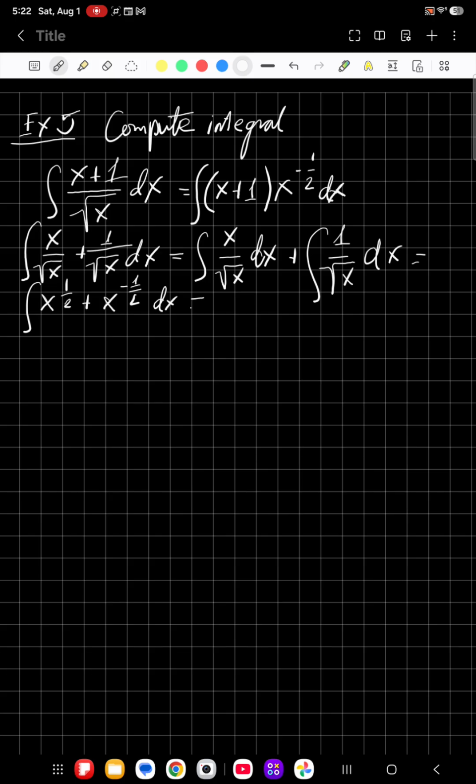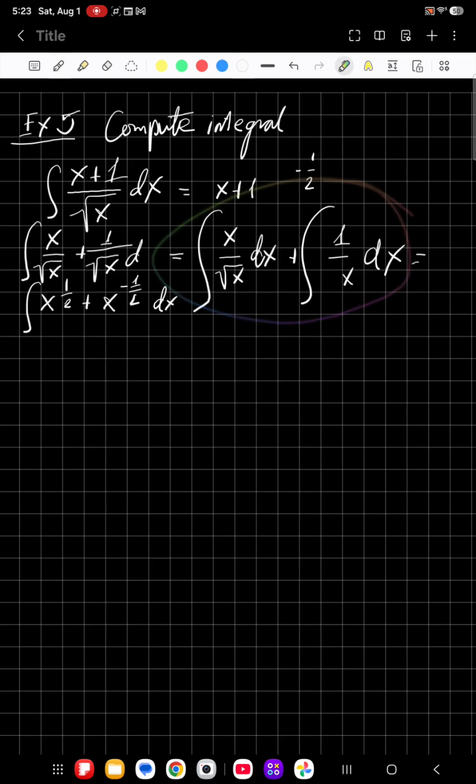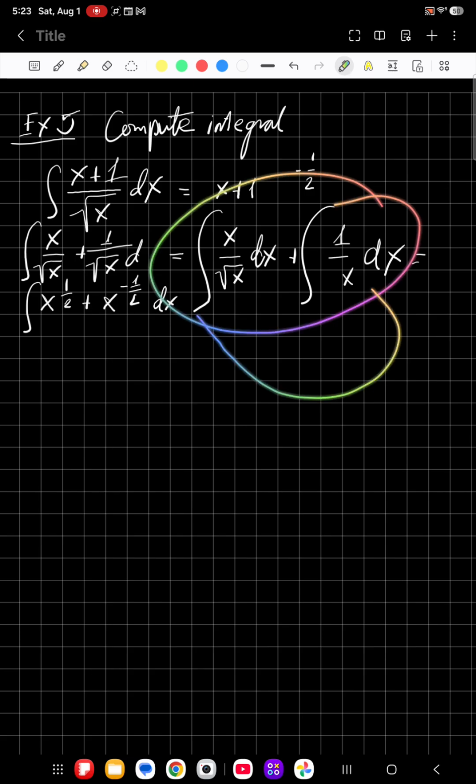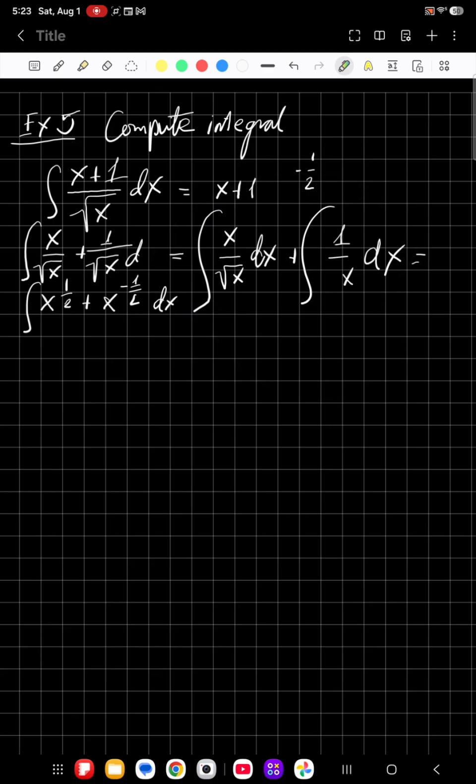Okay, so there are two integrals. This is probably the step that would come after here. So that equals the integral of x to the half.